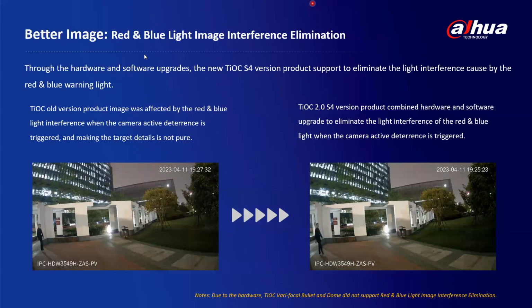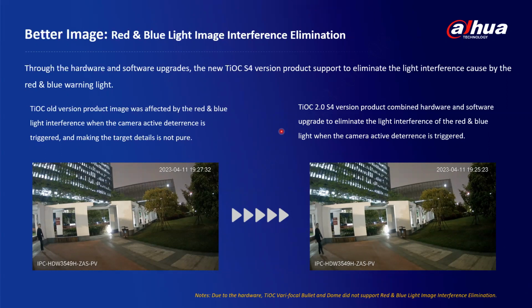But with this red and blue light image interference elimination, the camera outside will still produce the red and blue light alongside the sound alarms, but on the display screens, if you're monitoring what is happening, you're not going to see this red and blue light.